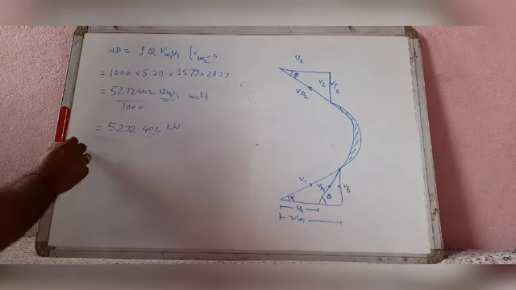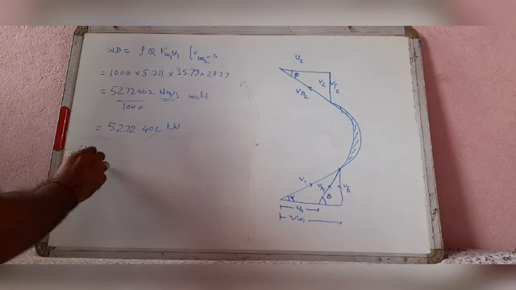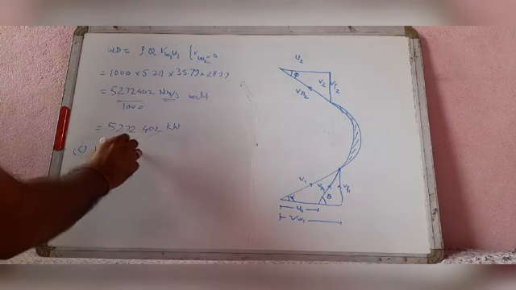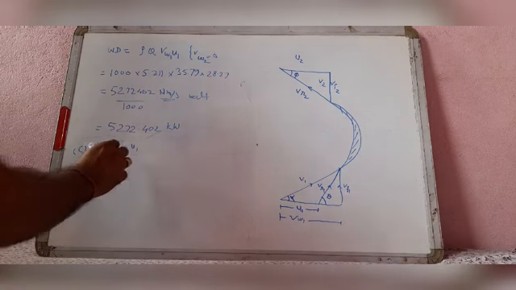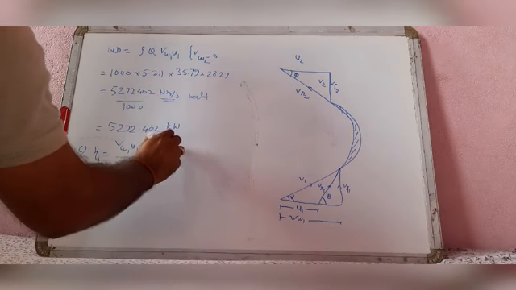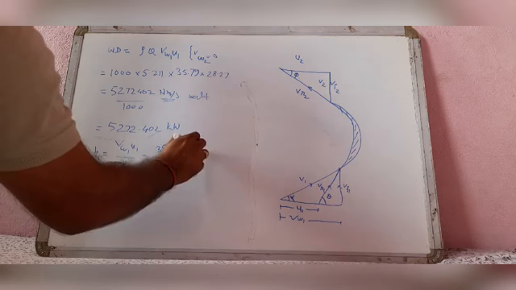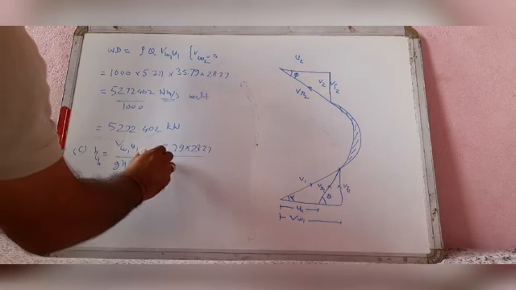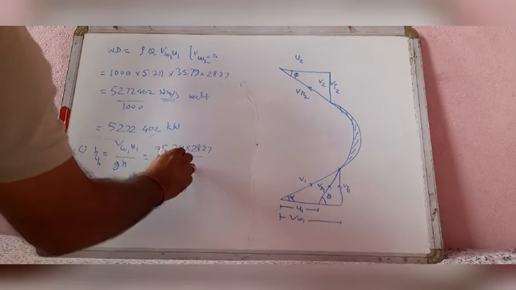Now we have to find the hydraulic efficiency equal to Vw1 U1 by g H. Putting values, 35.79 into 28.27 by 9.81 into 120.